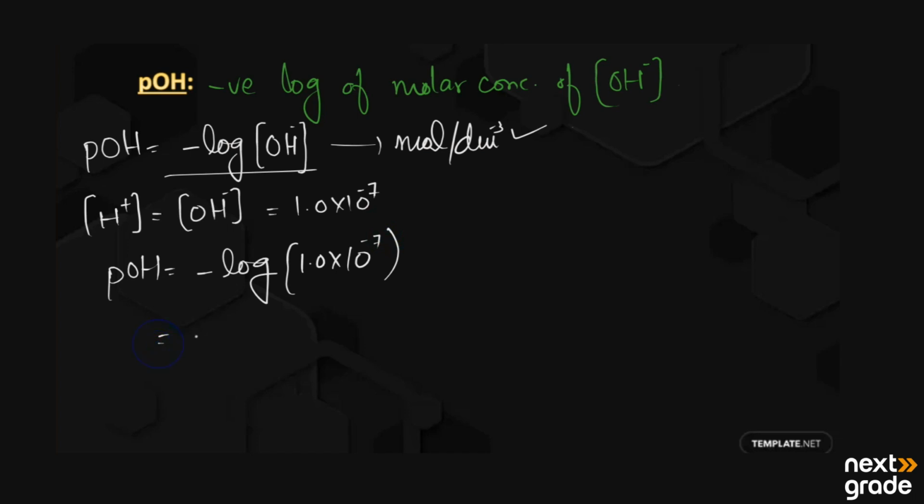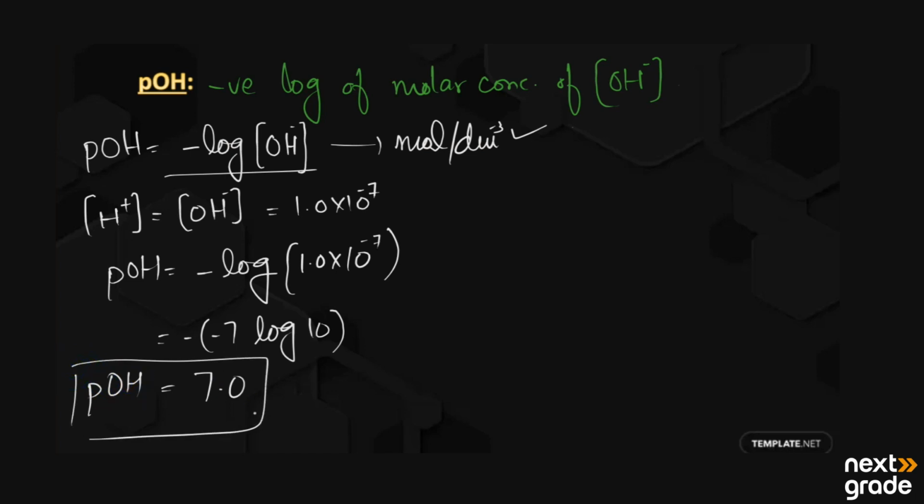So we get negative of negative 7 times the log of 10. By solving this, we get 7.0. So the pOH of pure water is 7.0.